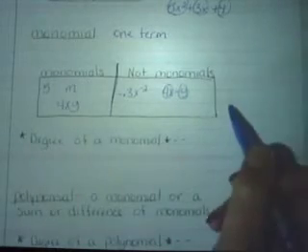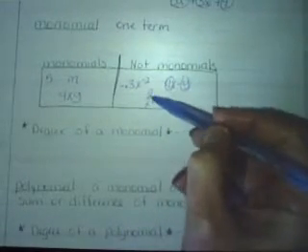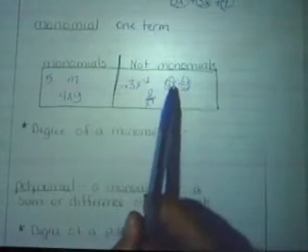A monomial only has one term. In the end, 2 divided by x cubed would not be a monomial either because this does not involve a product. This is division. This is a quotient. So there's an example of some monomials and some that are not monomials.